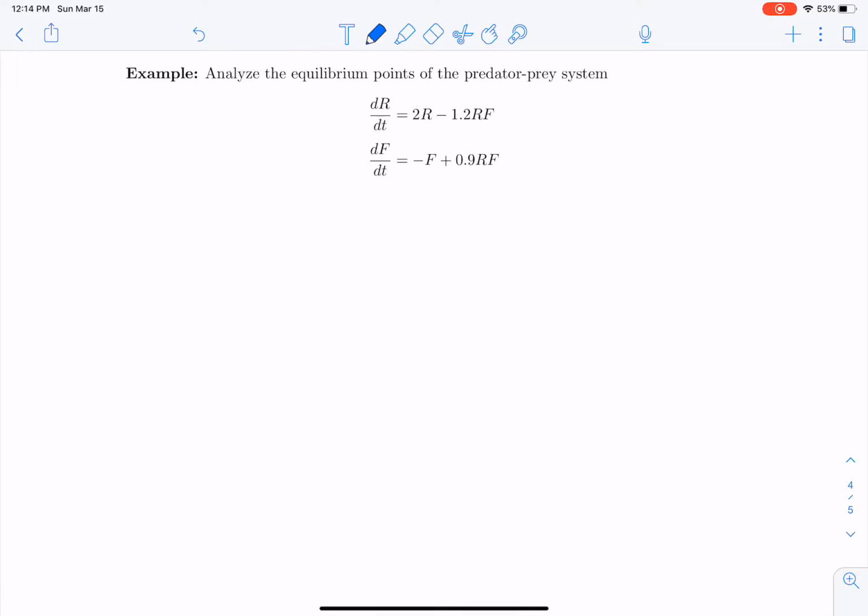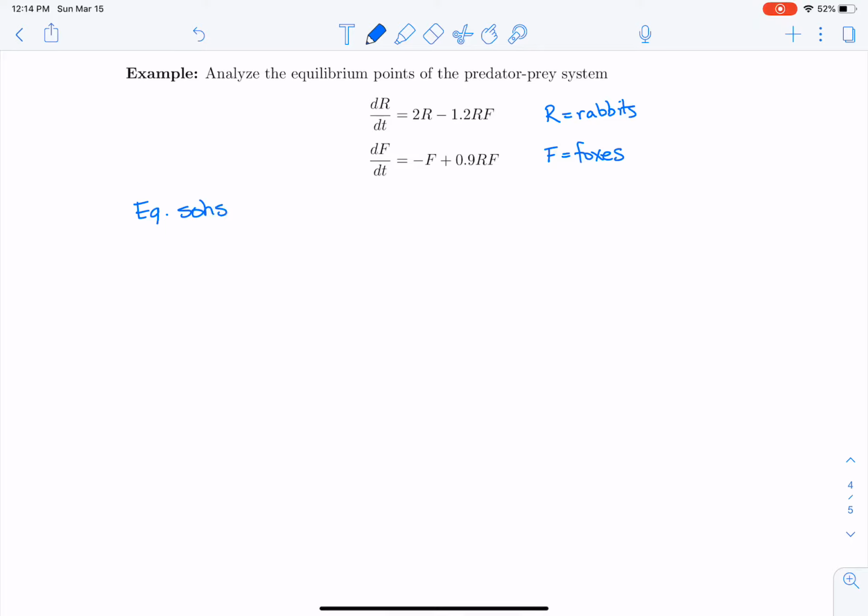I want to go back to one more example, and that was the predator-prey system. We were looking at rabbits and foxes. R stood for rabbits, F was for foxes. And we looked at the behavior of this system. If you remember, we found two possible equilibrium values.